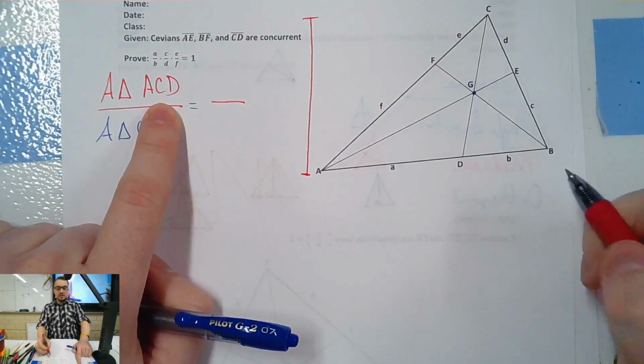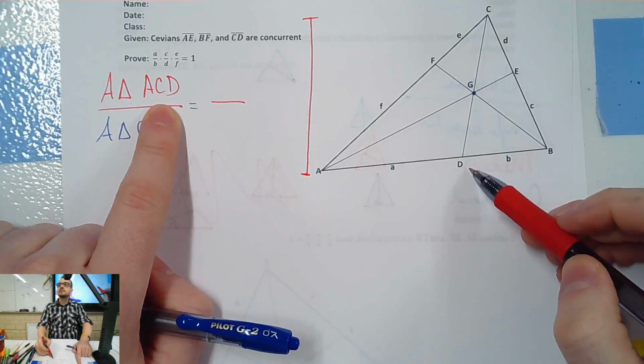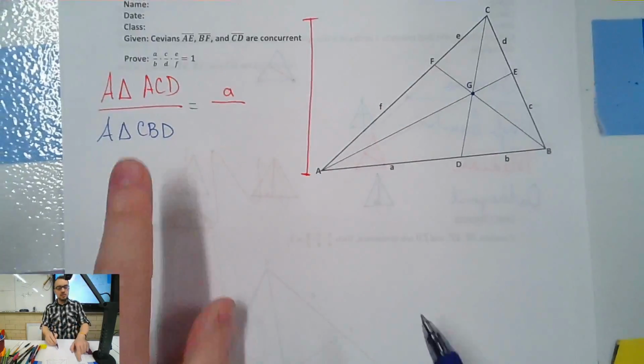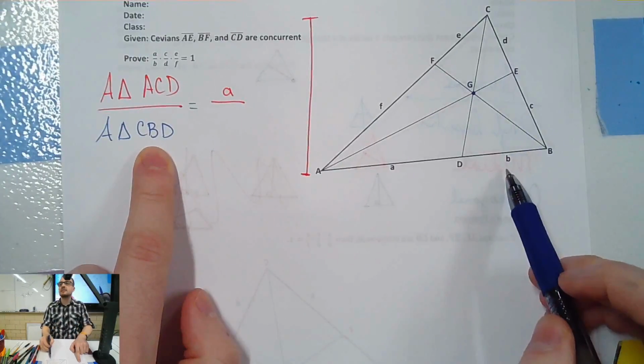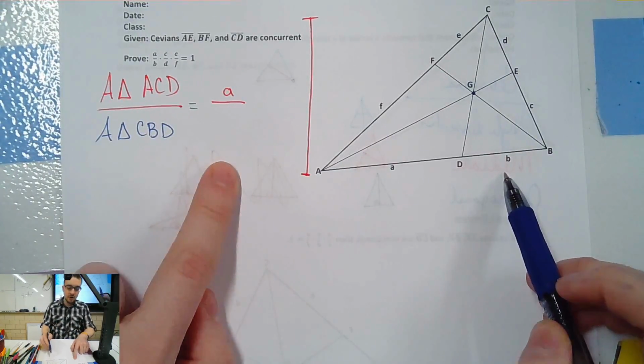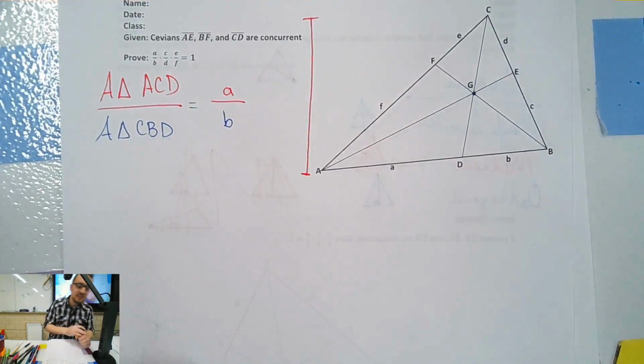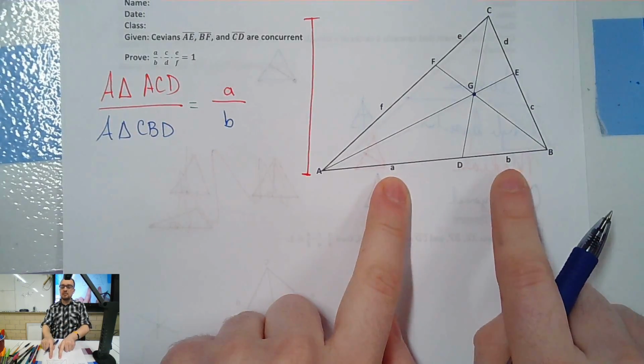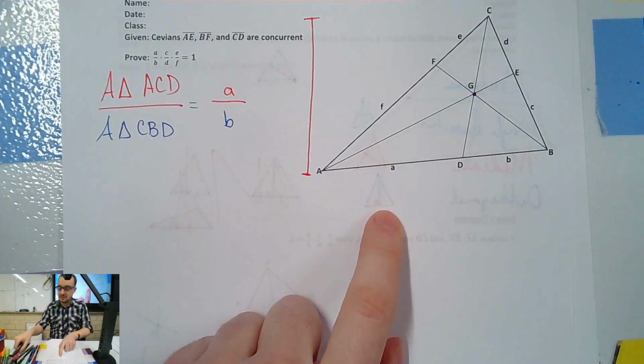What's the base of ACD? Little a. Thank you, Jess. What's the base of CBD? Little b. All right? Now, what other triangles also have base A and base B and the same height?